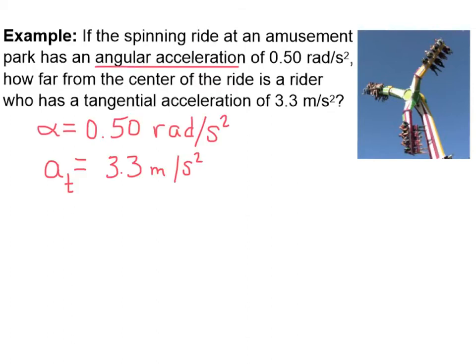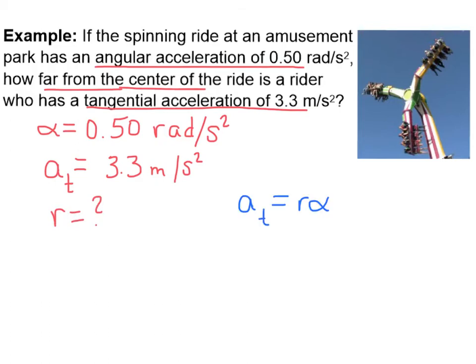I know the angular acceleration is 0.50 radians per second squared, and I know my tangential acceleration is 3.3 meters per second squared. I'm being asked to find how far away from the center of the ride, so I would like to find r. I can use my equation for tangential acceleration that I just learned, and I'm going to plug the values into that equation.